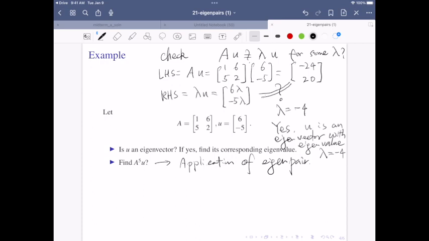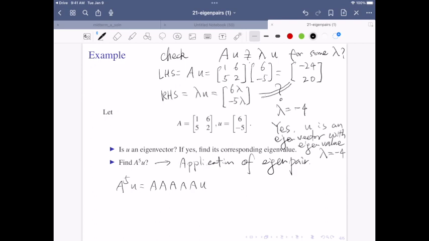Now we look at the application, A to the fifth power times u. Usually to find this computation, by definition A to the fifth means you multiply A five times and then times u. This is a very complicated computation. However, if you know that u is an eigenvector of A, then this computation can be simplified.